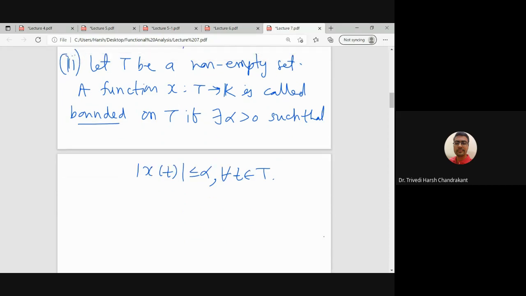Right, this is the usual definition of a function which is bounded.